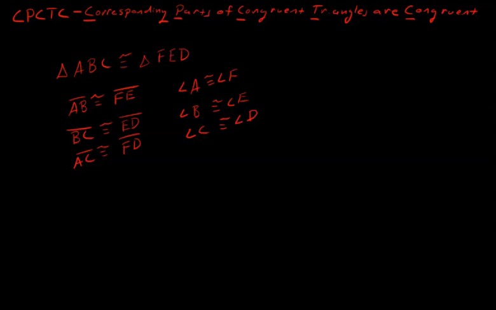So if I wanted a different congruent statement that is also true, we could do triangle CAB is congruent to triangle CFE... while C matches with D, A matches with F, and B matches with E, and it's also the one that's left.